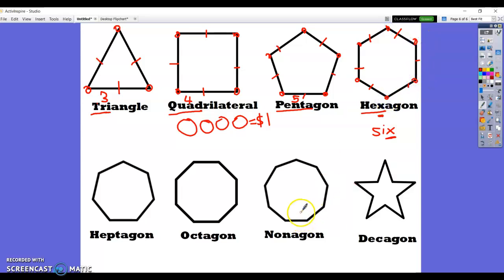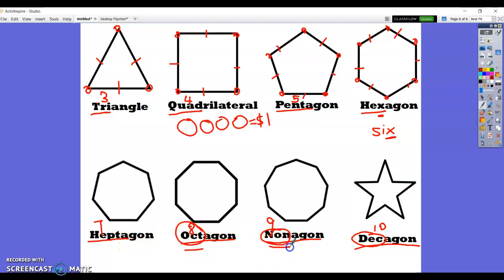This is called a heptagon. Hepta means 7. Octagon has 8 sides because oct means 8. Think about an octopus. It has 8 tentacles, doesn't it? Nonagon, non means 9. And decagon, dec means 10. Think about your Spanish words.